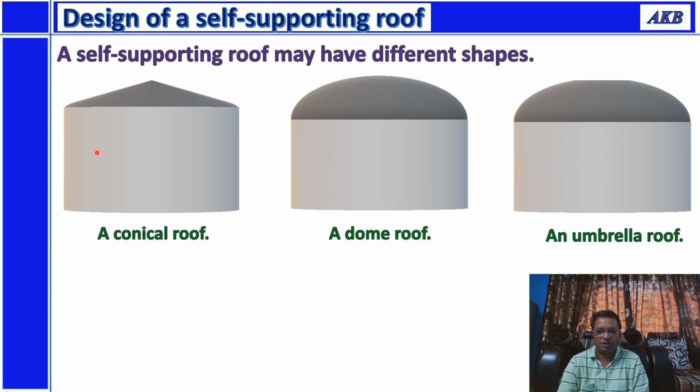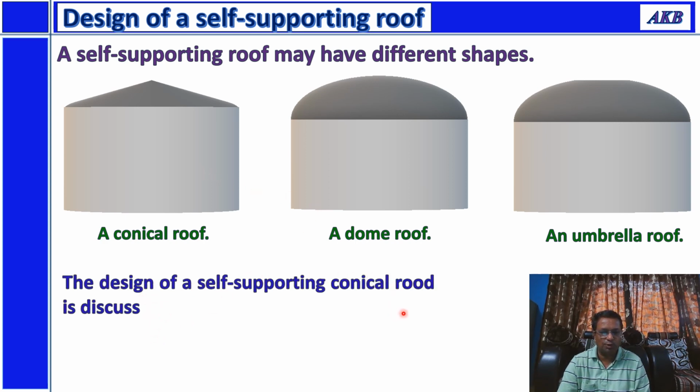So in my discussion I'll be concentrating on designing a conical roof, a self-supporting conical roof. So the task is to design a self-supporting conical roof for a vertical cylindrical storage tank.